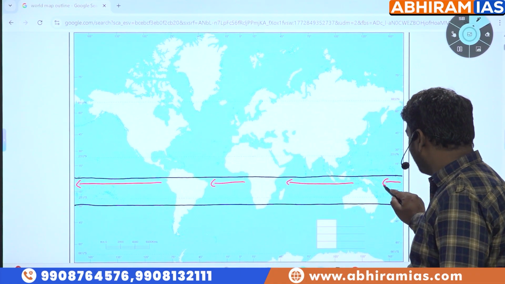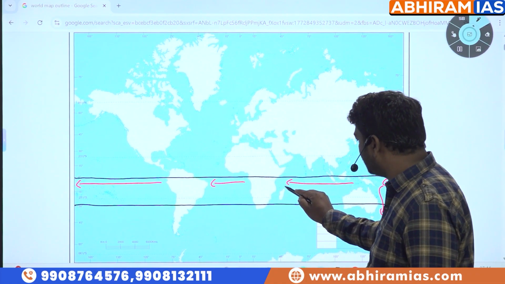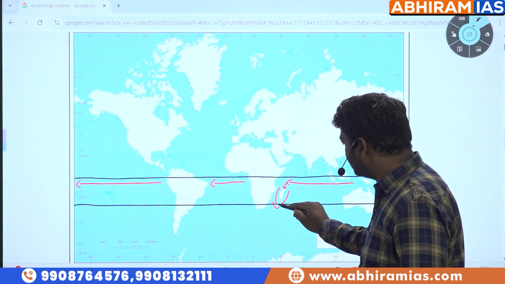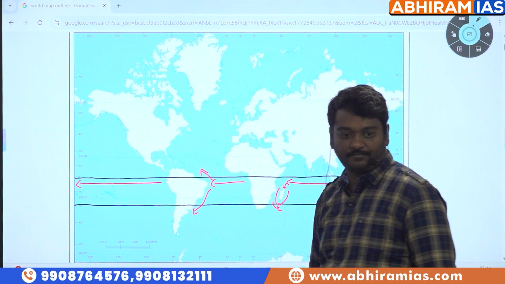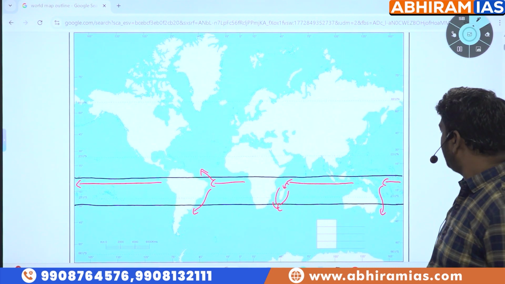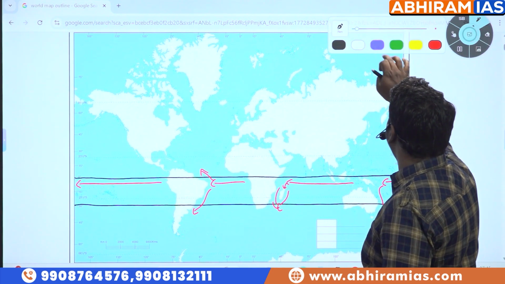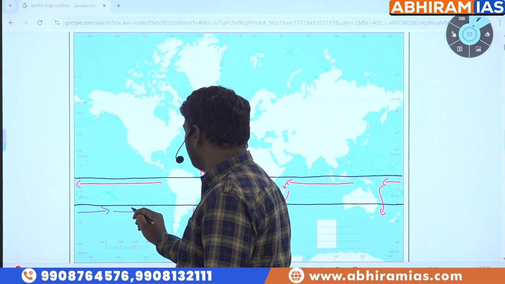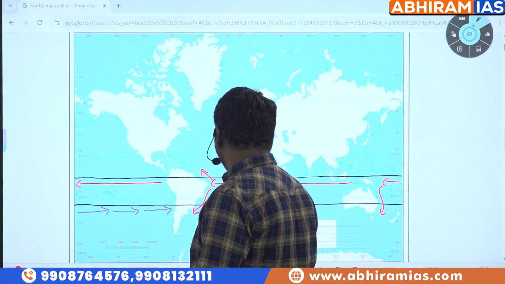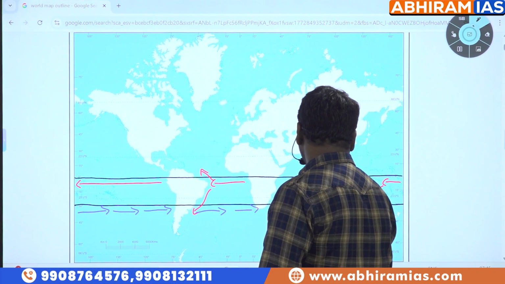After hitting the land, one branch comes down, another branch hits here and comes down. Then after crossing 30, it comes under the influence of which one? Westerlies. Westerlies will flow from west to east.